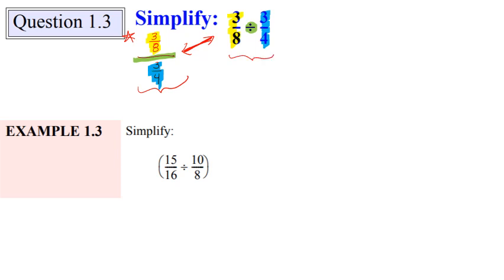Let me get rid of the highlighting here so I can finish the problem. Okay. So what you do is when you divide fractions, you keep the first fraction and you change the division to multiplication, and then you write the reciprocal of the second fraction. Some people like to say flip.